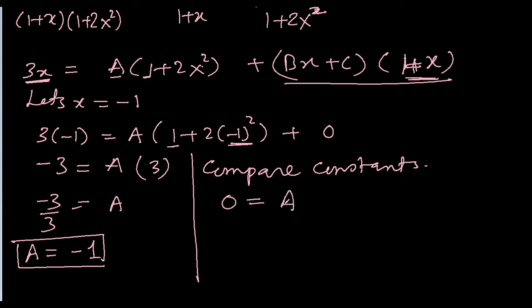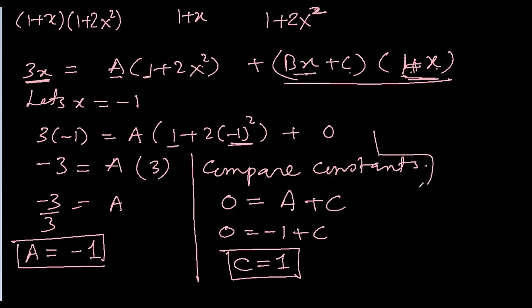Which is A. A times 2x square will not be a constant, so we'll ignore it. Bx times 1 will not be a constant. Bx times x will not be a constant. Only c times 1 will be a constant. So plus c. Everything else will not be a constant, so we can ignore it. So 0 equal to minus 1 plus c, and c becomes 1.